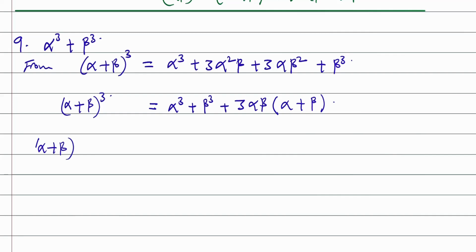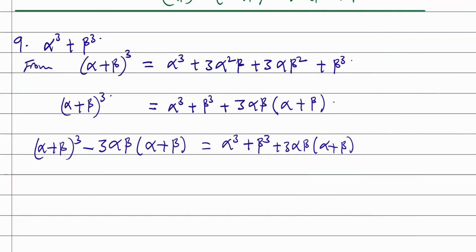So we are going to have alpha plus beta, the whole of it cubed. When this one crosses the equal sign, it becomes negative, so minus 3 alpha beta into alpha plus beta equals alpha cubed plus beta cubed plus 3 alpha beta into alpha plus beta minus 3 alpha beta into alpha plus beta.